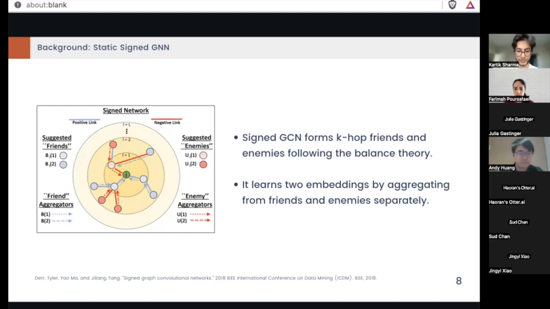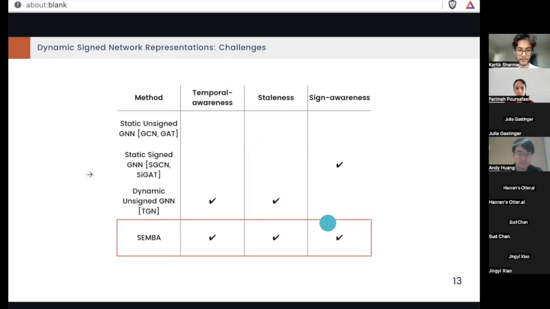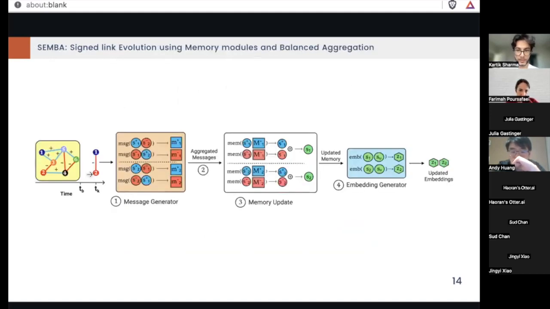If there are no more questions, I can jump to this. In this work, we present Simba, which you can think of as exploiting the best of both worlds, static signed and dynamic unsigned networks. Simba stands for signed link evolution using memory modules and balanced aggregation.